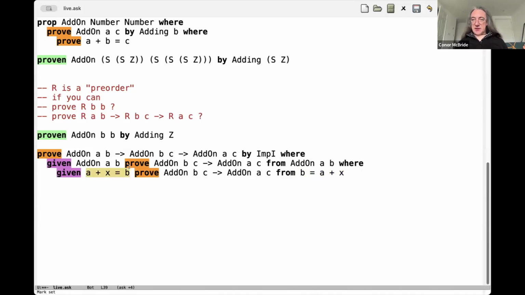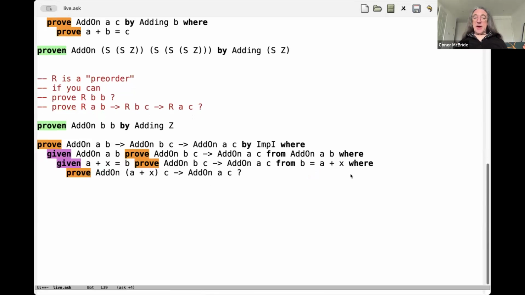Agda knows that equality is symmetric. So it'll look for a proof that B equals A plus X and it will find one. And then given that, it will be happy to replace B by A plus X. So there we are. We're now proving that we can add on something. We know that we can get from A plus X to C, and we have to show that we can get from A to C.